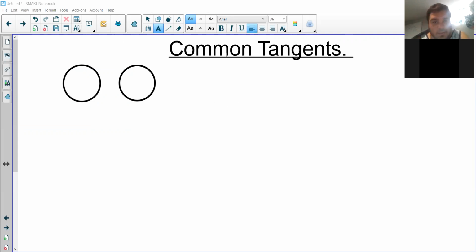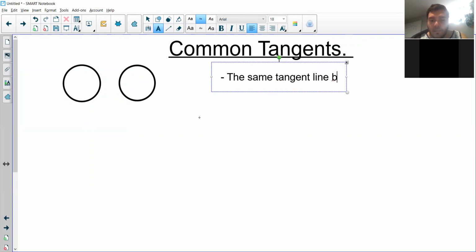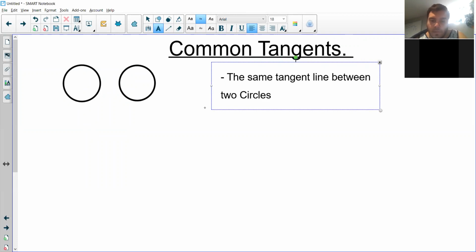So this is common tangents. A common tangent, I guess I should put down the definition. You could either put a line right next to the title or just rewrite this. A common tangent is the same tangent line between two circles. So it's a tangent line that they share between two circles.